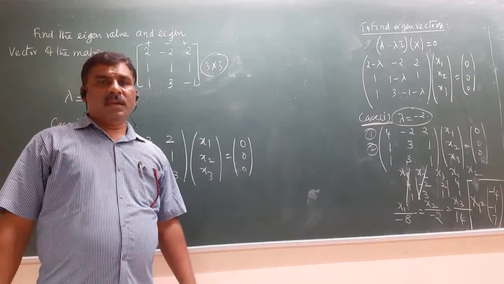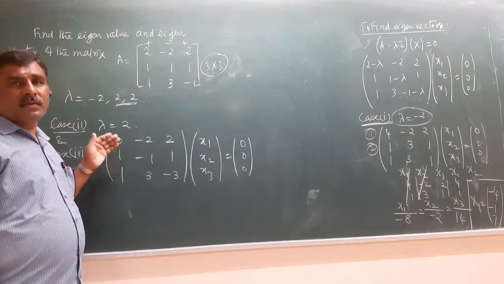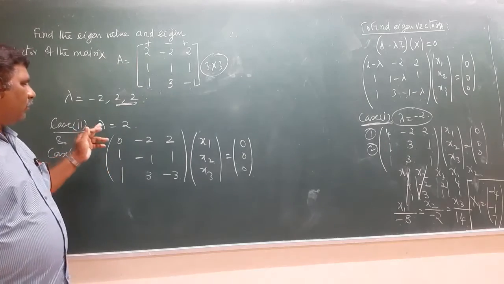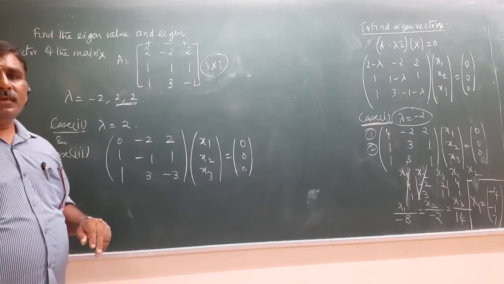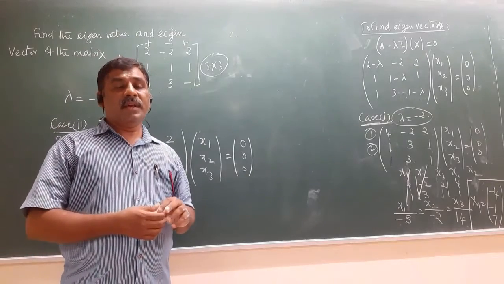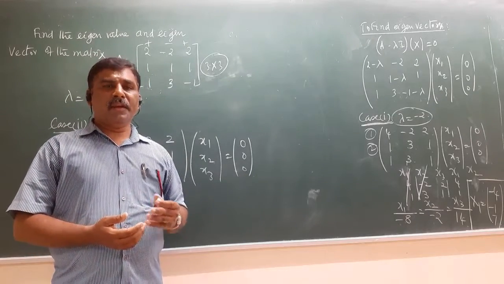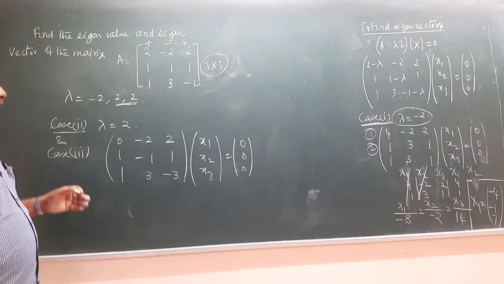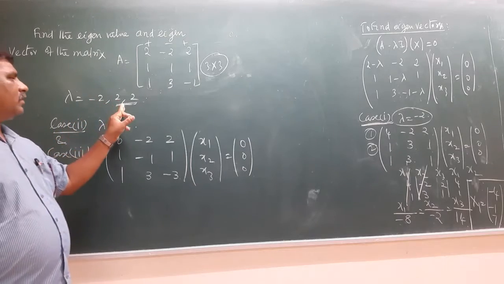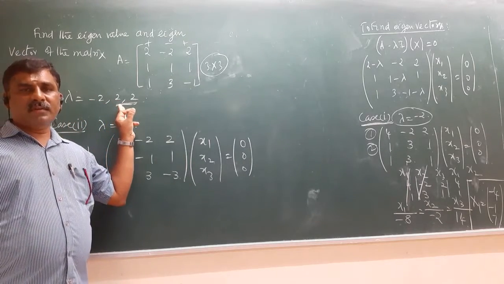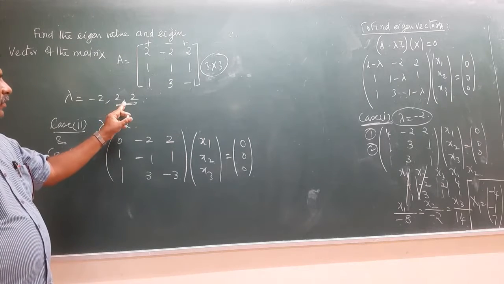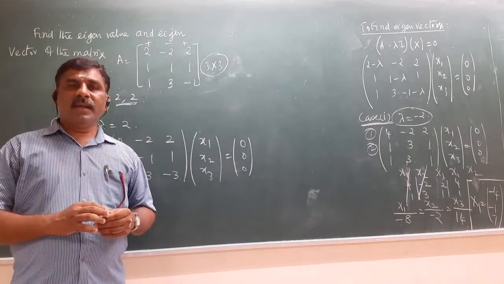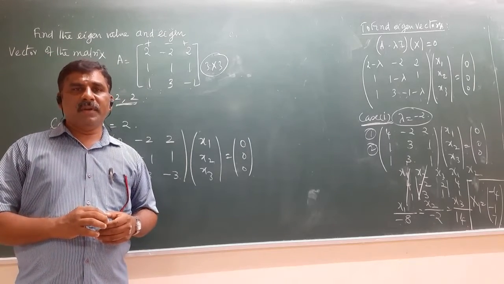Okay, listen. Please make a note: for a repeated eigenvalue, when we substitute lambda equal to 2 here, if all the rows are identical, then the eigenvectors are linearly independent.